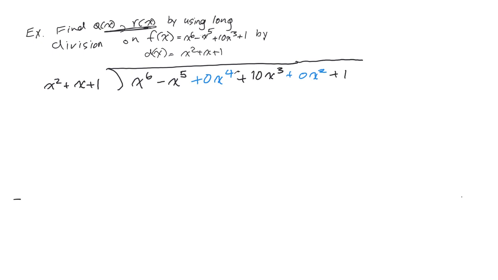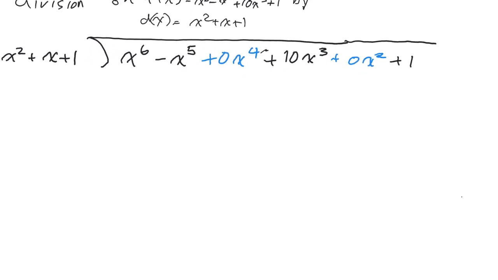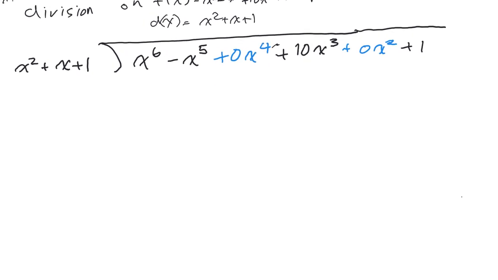We start by looking at the leading coefficient here, and we're trying to match it with the leading term of the divisor. We've got x to the 6, so we need a 1 x to the 6.